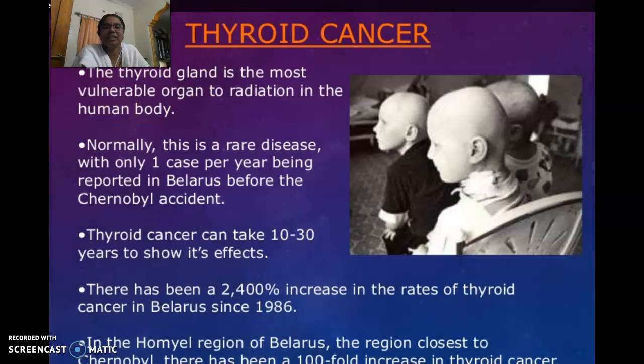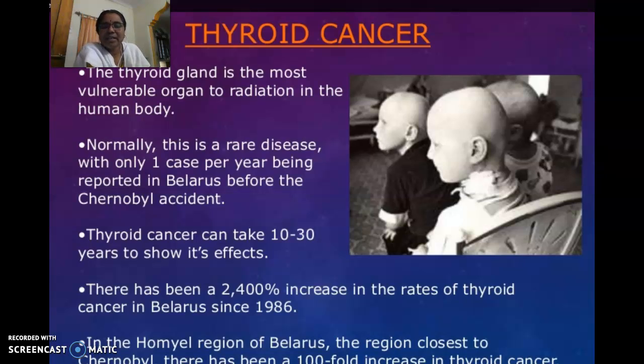A very pitiful situation. People are suffering from thyroid cancers. The thyroid gland is the most vulnerable organ to radiation in the human body. This is a rare disease, with only one case per year being reported in Belarus before the Chernobyl accident.